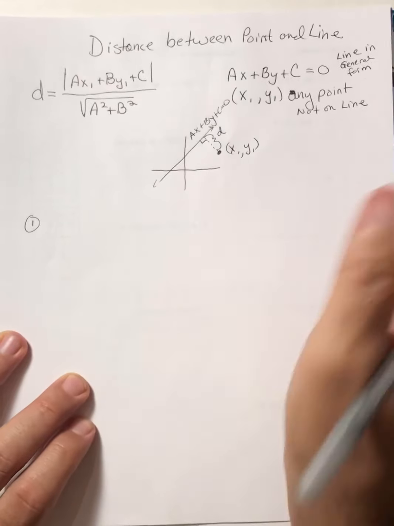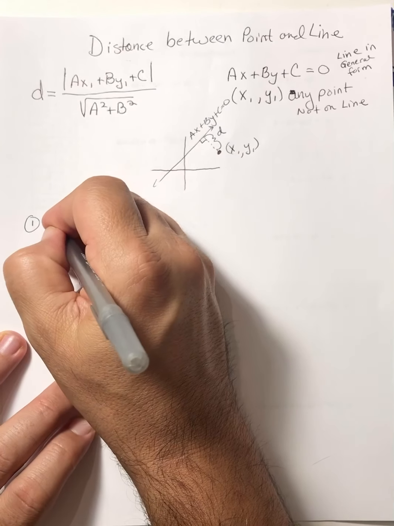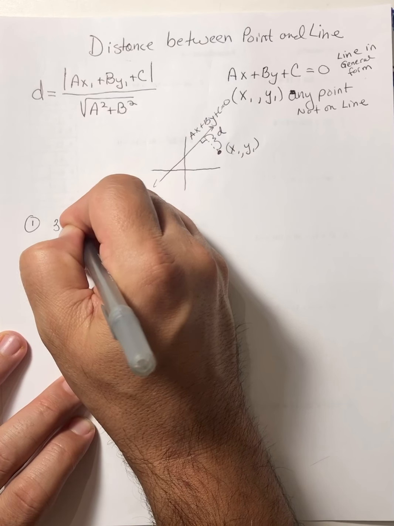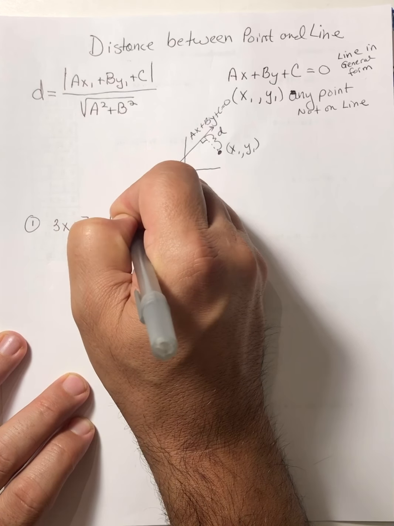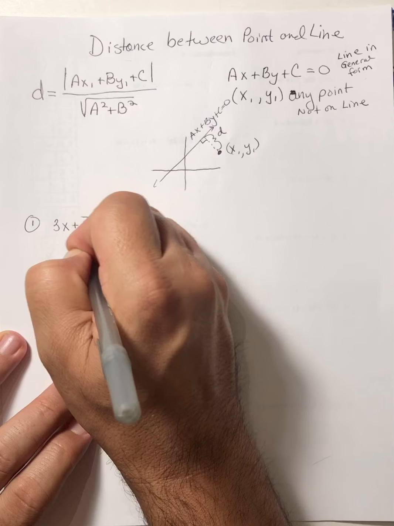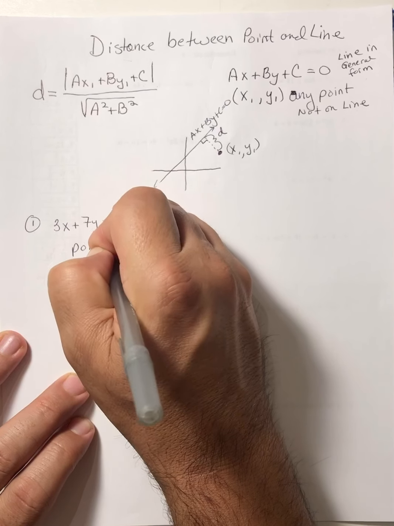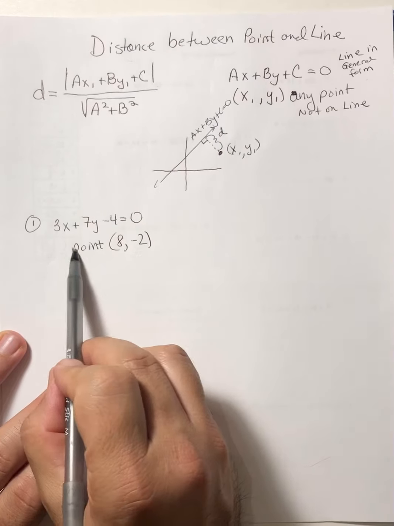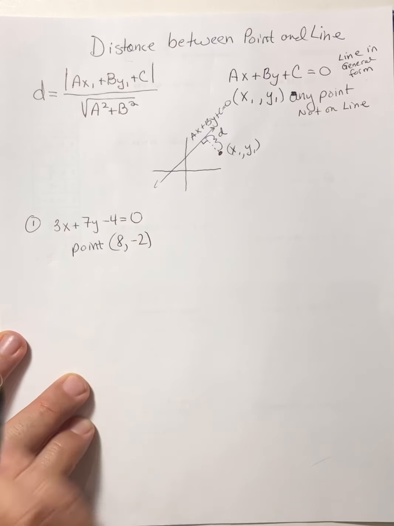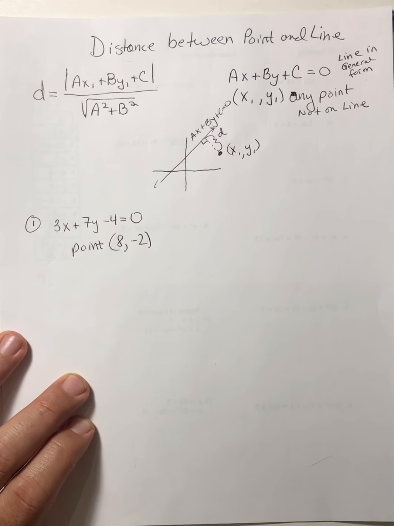Here's my line in general form. If your line's not in general form, then you have to put it in general form. And then here's the point. How far is this point from this line? Notice we cannot use our old-fashioned distance formula.